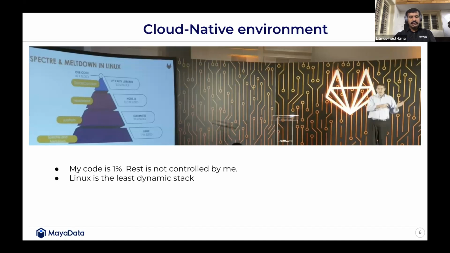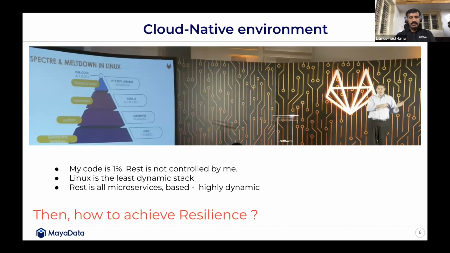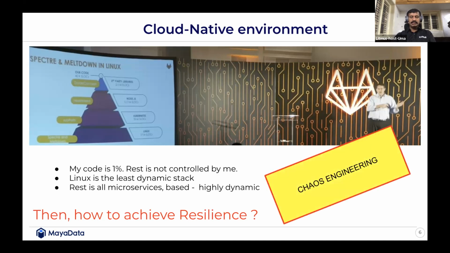So your code is really 1%, and microservices-based architecture remains really dynamic. So how do you really make sure that your deployments and infrastructures are resilient? The answer in general is chaos engineering. That's typically the starting point.